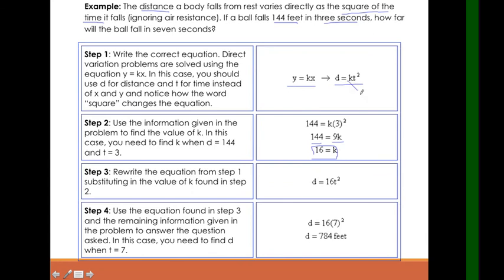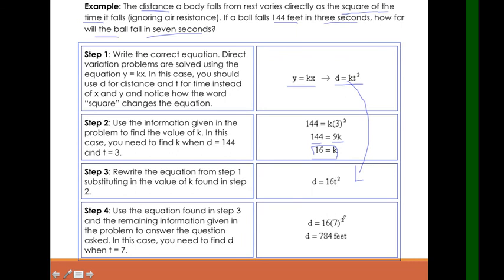Then, we will use the same formula and put the value of k, which is equal to 16, in the formula. And then, in the second, how far, we're looking for the distance if we have 7 seconds. So, the value of t is equal to 7 and we still don't know the value of d.